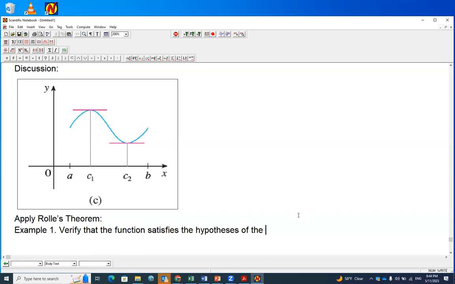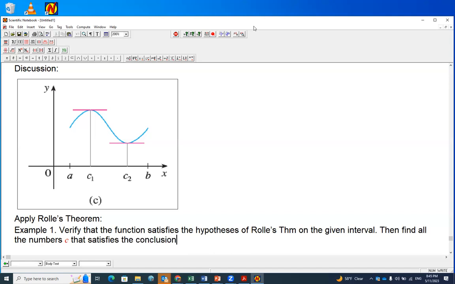Verify the function satisfies the hypotheses of Rolle's theorem on the given interval, and then find all the numbers c that satisfy the conclusion of Rolle's theorem.